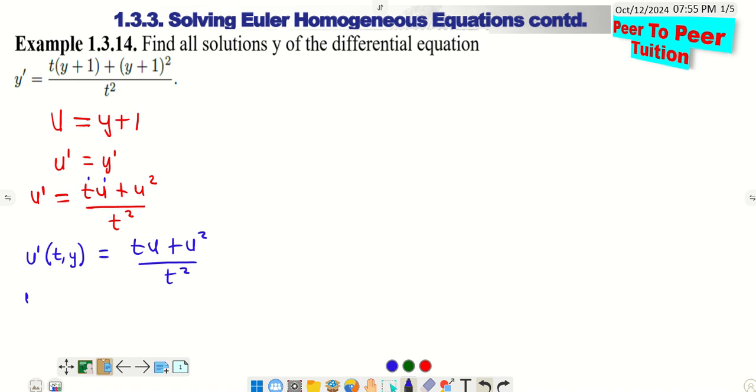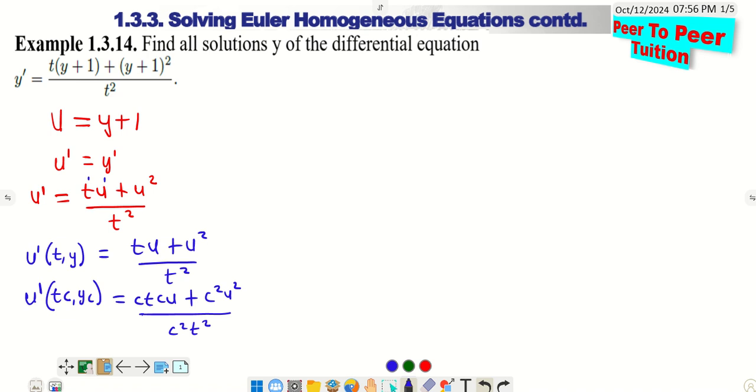So u prime of tc, yc becomes ct times cu plus c squared u squared, all divided by c squared t squared.